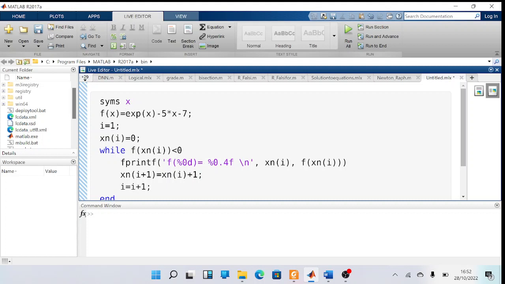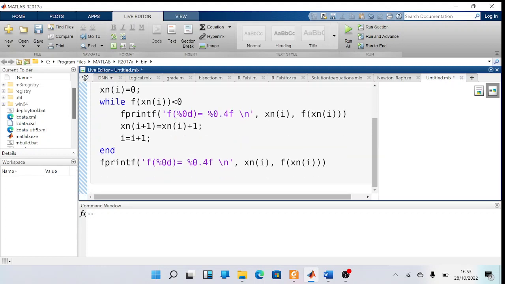Then we increase the xn. So if f of xn is less than 0, then we increase xn. So we start from 0, then we increase to 1, then we increase to 2, and so on. So I want to run this so that we can see the output here before we put the other part.